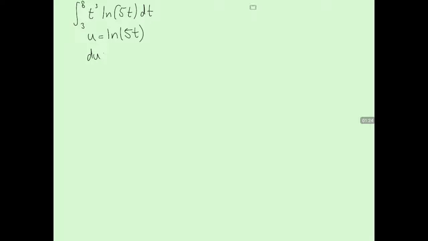So du is going to be equal to 1 over 5t, and then chain rule times 5 dt, and we're going to integrate t cubed. So dv is going to be equal to t cubed dt, and then v is going to be equal to 1 over 4 t to the fourth.